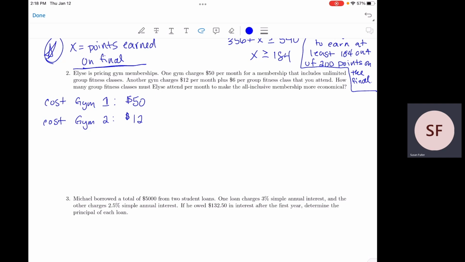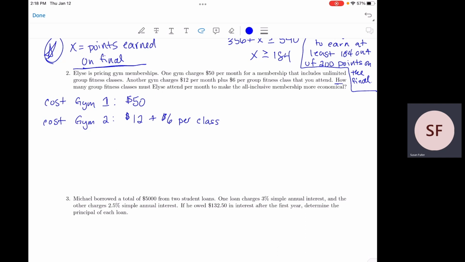So to find the cost of this, there's a piece missing here because it's going to be that $12 that you pay for your membership plus $6 per class. So the cost of gym 2 is going to depend on how many classes that you go to.